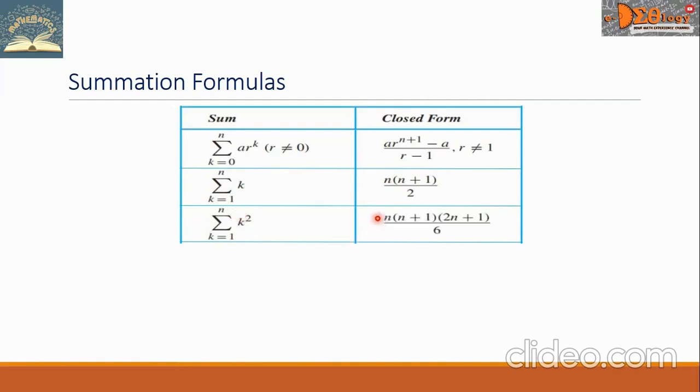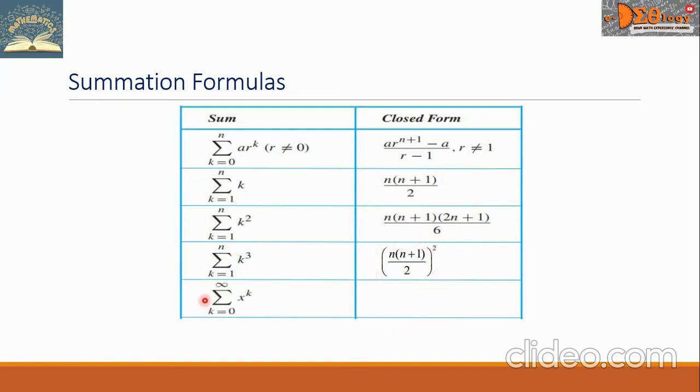The value is n times the quantity n plus 1 times the quantity 2n plus 1, all over 6. Summation of k cube, where k equals 1 up to n. This is the closed form. This is similar to our formula in here, except there is power 2 in this closed form.